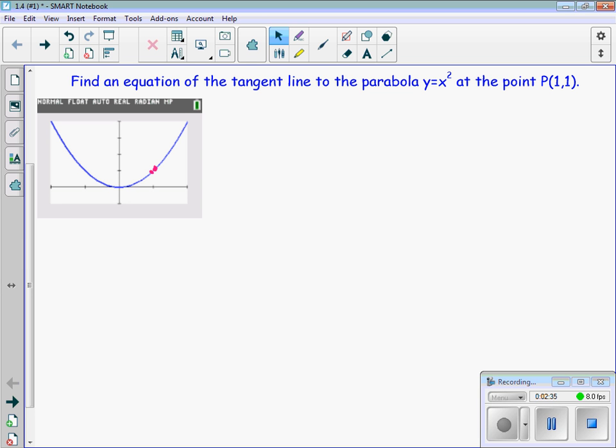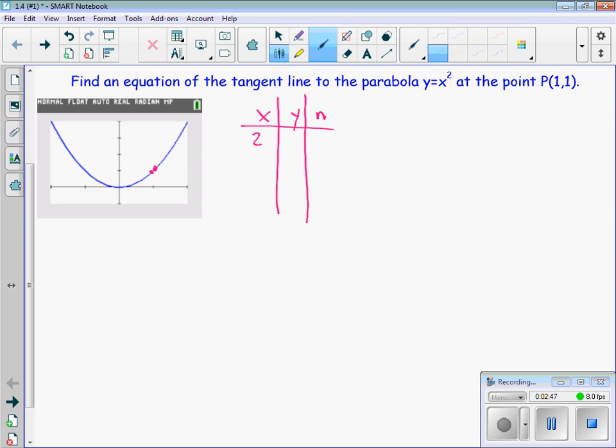So what I have in my notes here is if my x value is, let's say, 2. So I start at the first spot. What's the y value that's associated with that? 4. We're talking about this parabola. And then can't you find the slope between the points (1, 1) and (2, 4)?